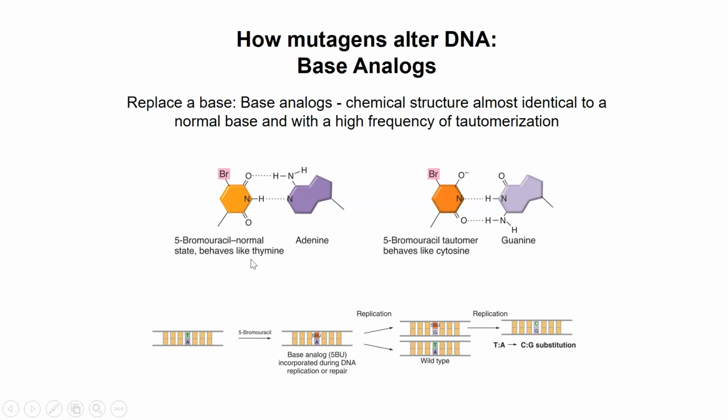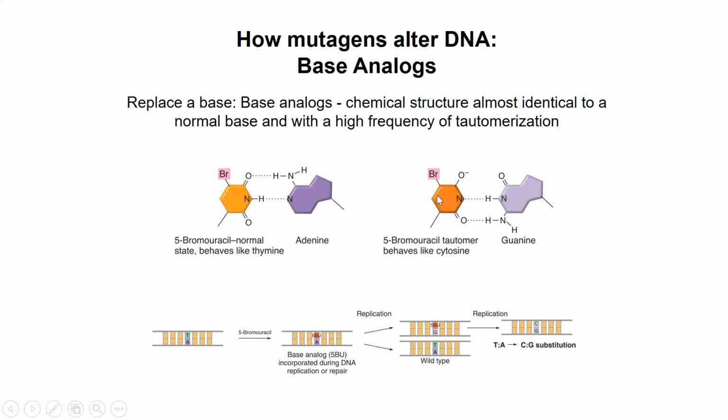Now the thing about this base, 5-bromouracil, is that it undergoes tautomer shift, that is, change in the electron circulation, such that it resembles a cytosine. And this tautomer shift, and I talked about this last time, spontaneous mutations can occur due to tautomerization of the natural DNA bases. But 5-bromouracil undergoes a tautomer shift at a much higher frequency than the normal bases.